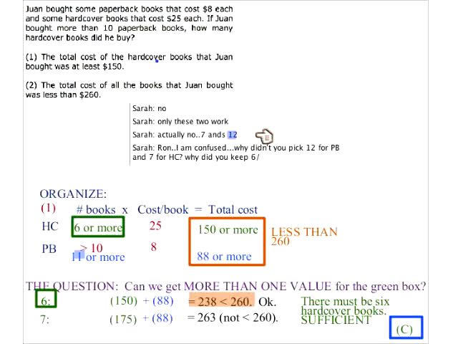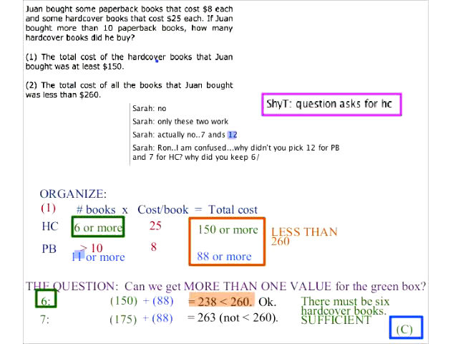Yeah, it's what Shy T wrote in the chat box. It's the focus of the question. I mean, one of the most important things that they're trying to do here is make sure that you can stay focused on the issue in the problem and not on other issues that don't matter. In fact, that's what they're testing here a lot more than actual math, because this is not really a math problem.